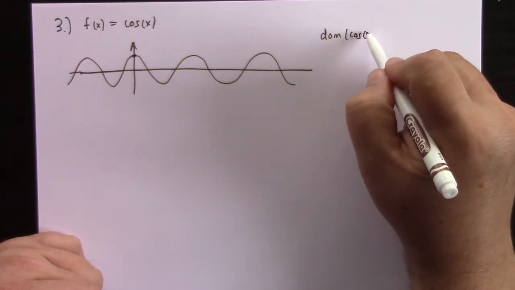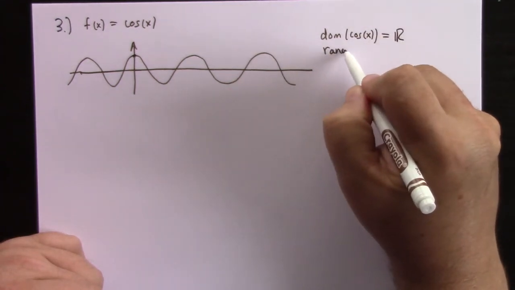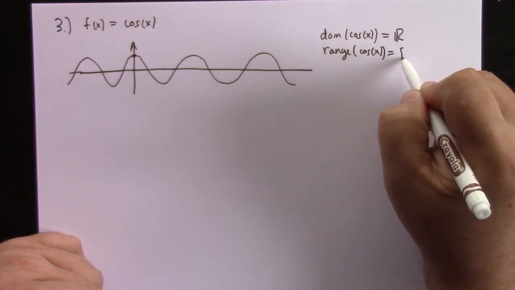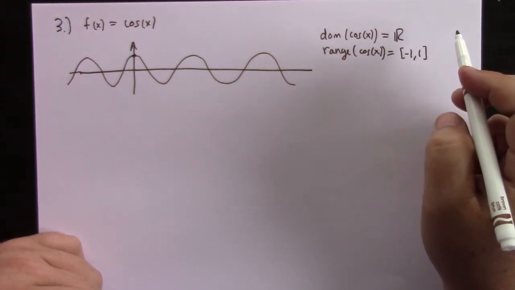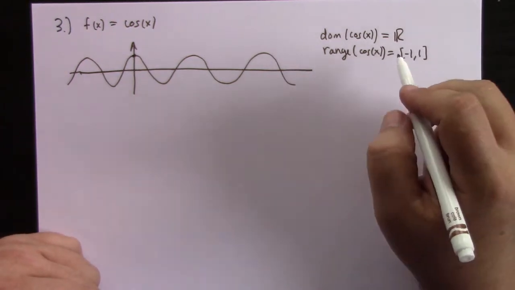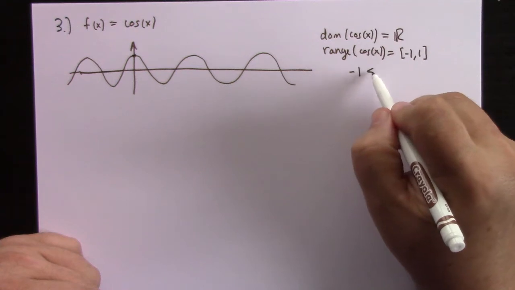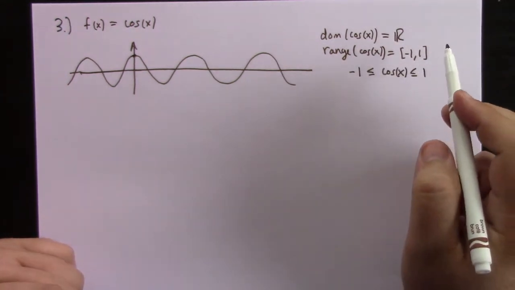Domain of cosine x is the reals. The range, again, of cosine x is still -1 to 1. It's still bounded. In other words, we have this really nice inequality: -1 less than or equal to cosine x less than or equal to 1.